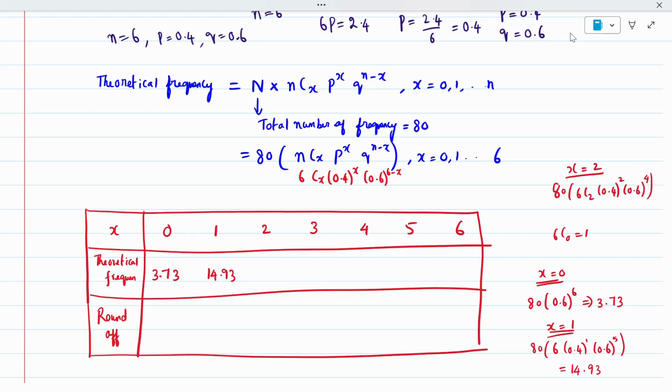Multiply everything in a calculator and we get 24.88.